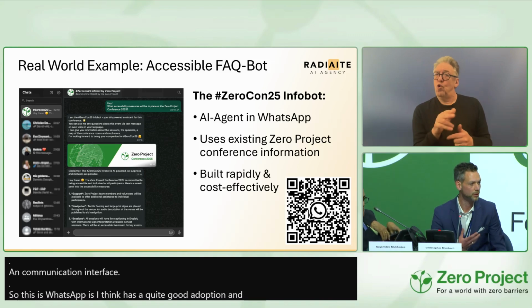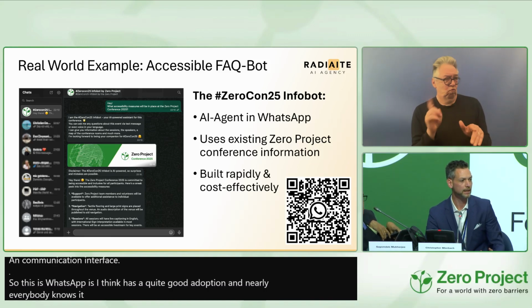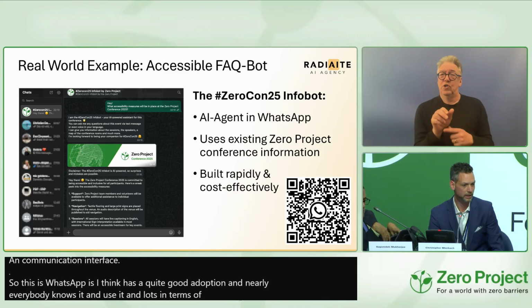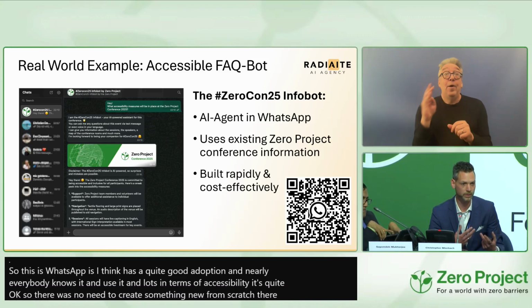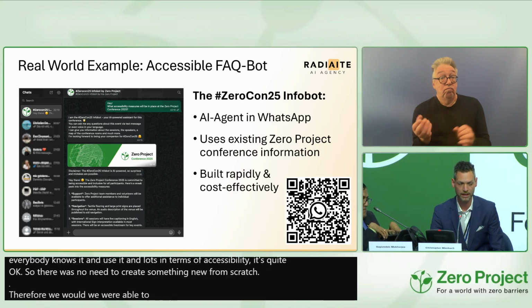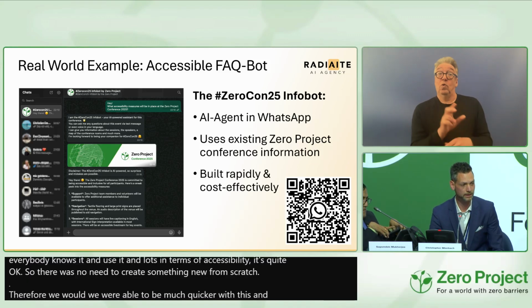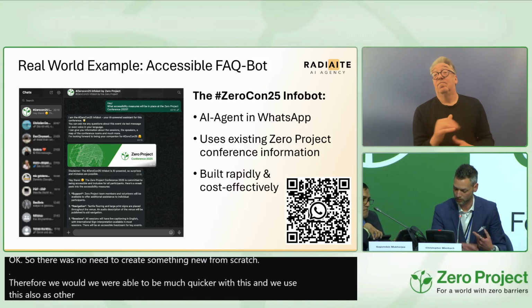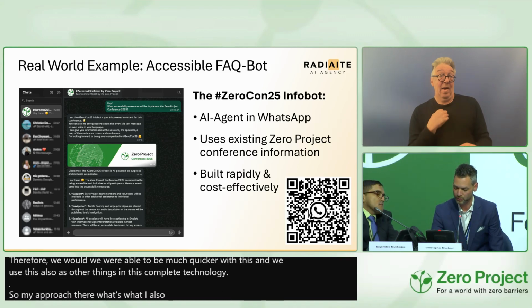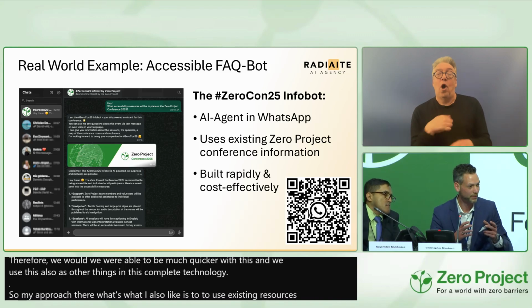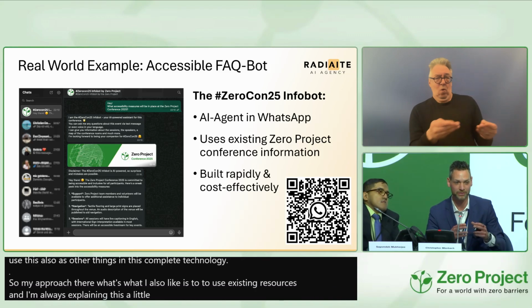Nearly everybody knows it and uses it. And also in terms of accessibility, it's quite okay. So there was no need to create something new from scratch. Therefore, we were able to be much quicker with this. And we use this also in other things in this complete technology. So my approach there, what I also like, is to use existing resources, and I'm always explaining this a little bit like playing around with Lego bricks.